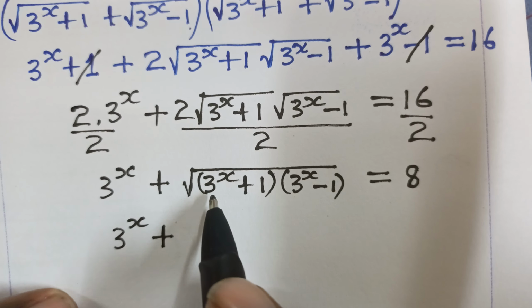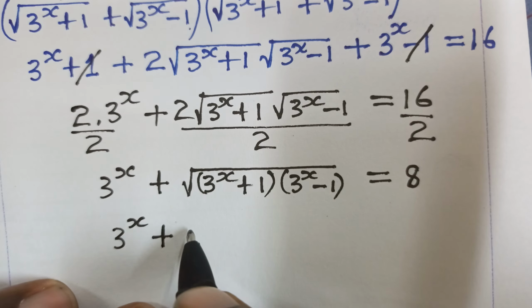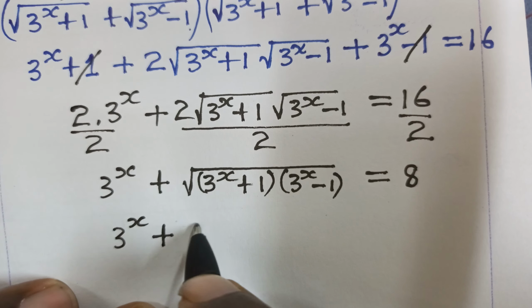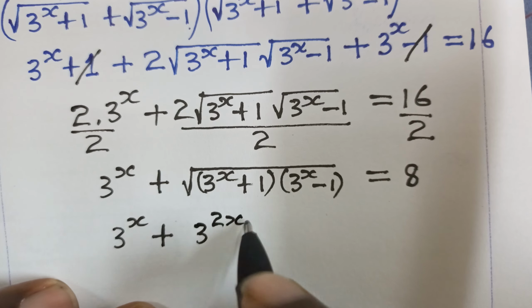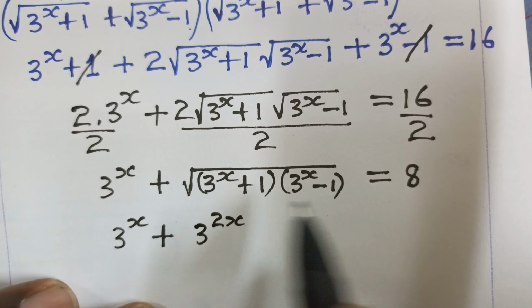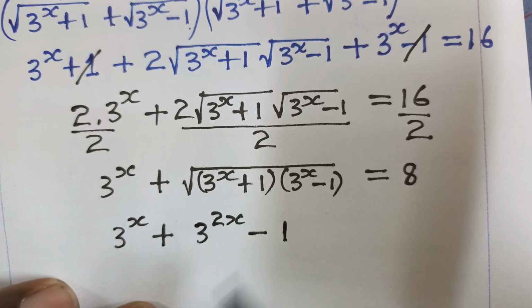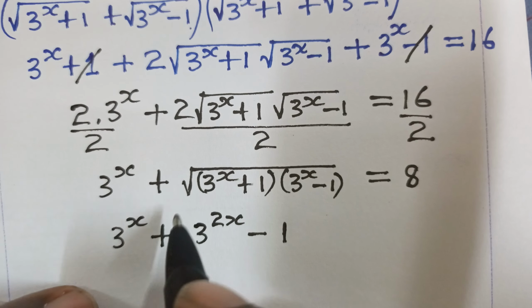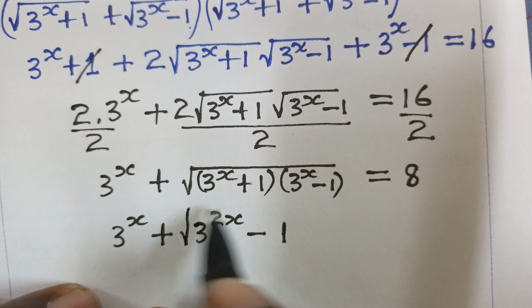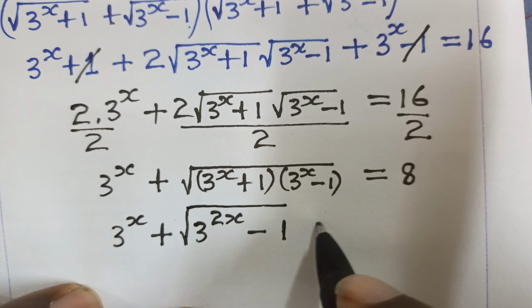So we multiply 3^x by 3^x, which comes to 3^(2x), and multiply 1 by negative 1, which gives negative 1. We put the square root sign right there, and this is now equal to 8.